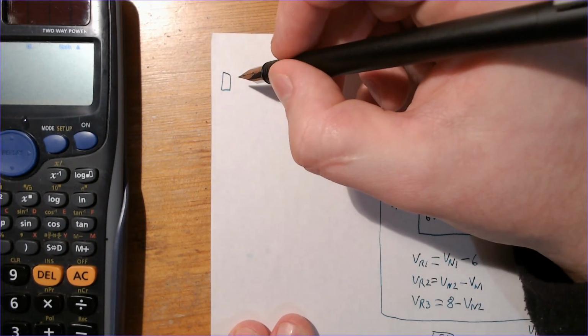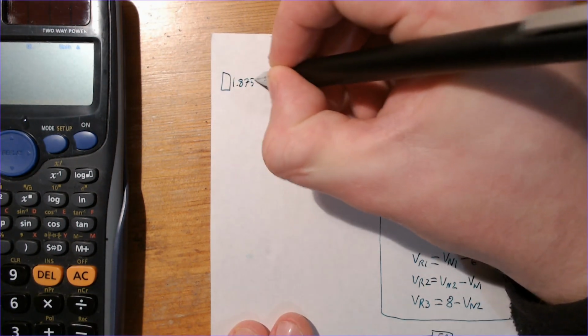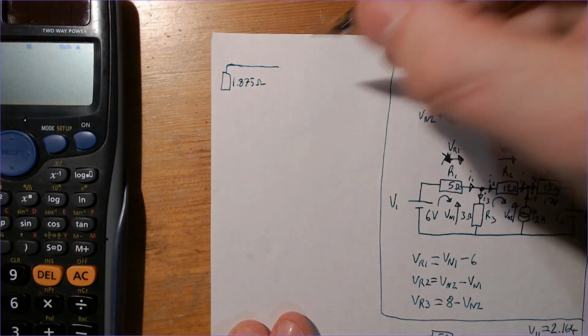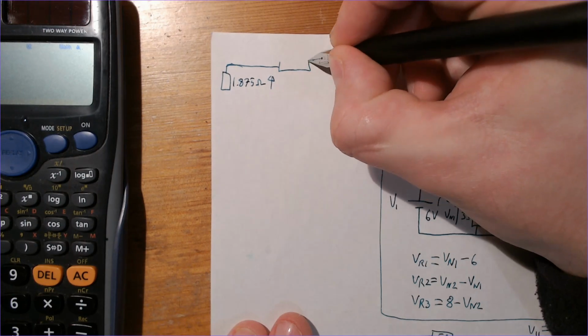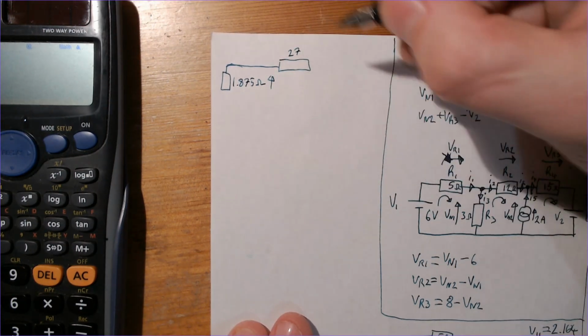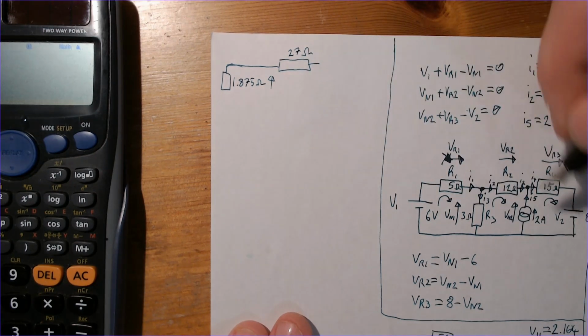We know already that those two in parallel is 1.875 ohms, and then we want to know the voltage on there, and then in series with that we've got the 12 plus 15, which is 27 ohms, and an 8 volt source there.